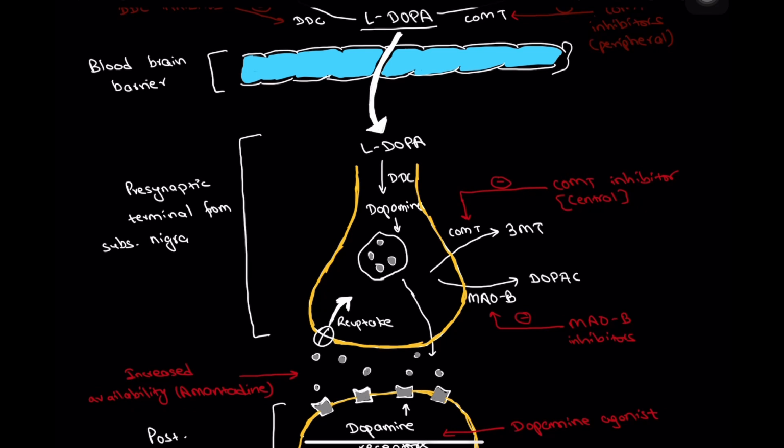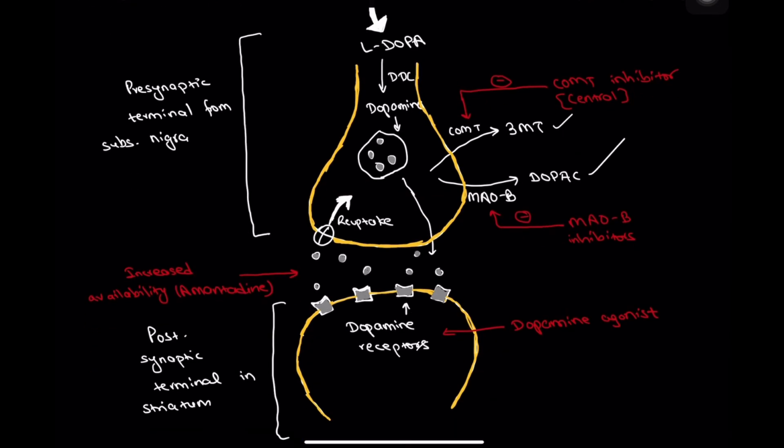This dopamine can be converted to 3-methoxytyramine by this catechol-O-methyltransferase enzyme here, or it can be converted to DOPAC by monoamine oxidase type B enzyme. Then this dopamine, which is produced here, will go to the postsynaptic terminal in striatum, and there will be dopamine receptors and dopamine will be used.